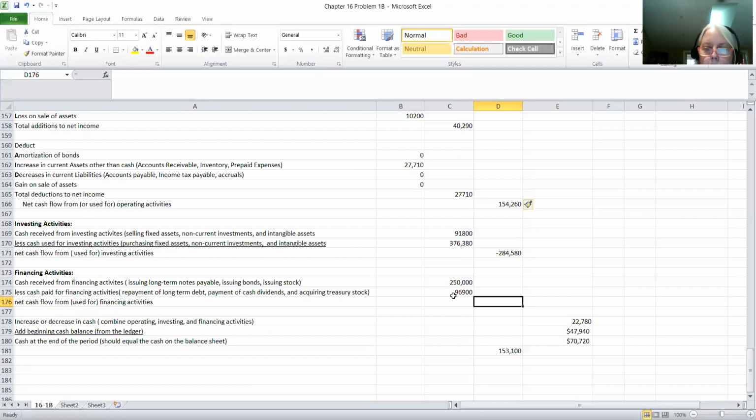And the way that you do that is you take the cash that you received from the sale of the stock and you're going to subtract out the cash that you paid for the dividends, and that will leave you with the amount of net cash flow that was from the financing activities. This is a positive amount because we received in more cash than what we paid out in dividends for $153,100.